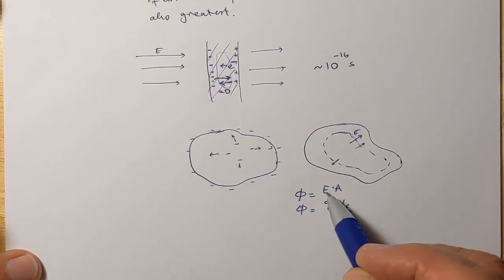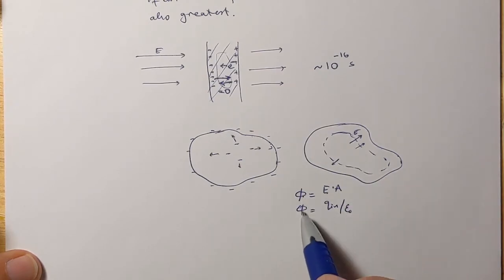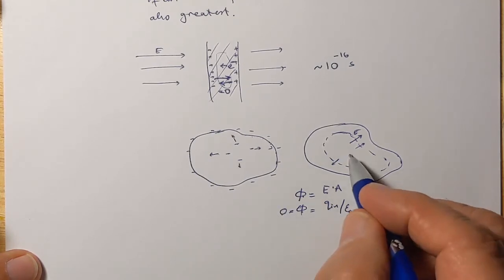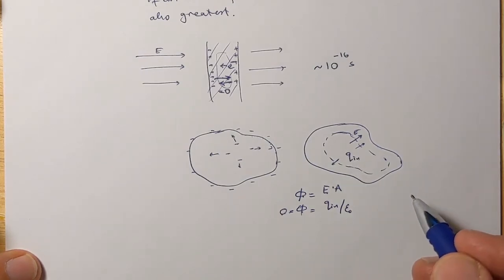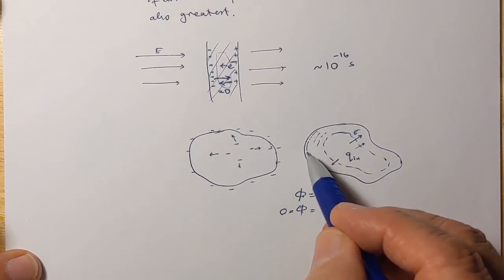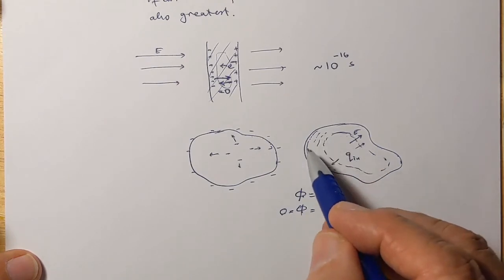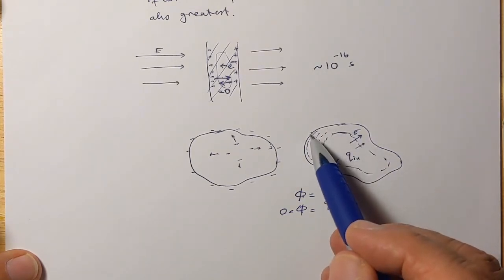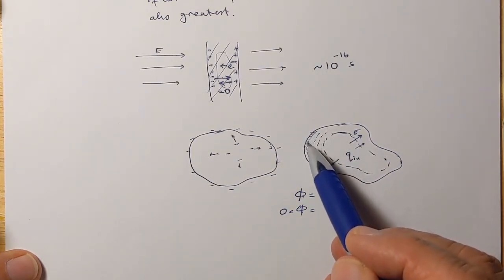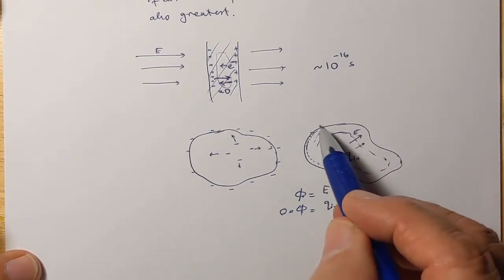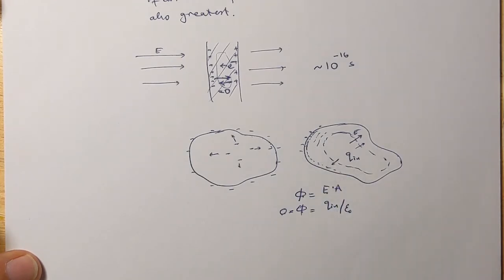Because the electric field is zero, the flux is zero, which means the Q inside is zero. We can move this Gaussian surface all the way to the edge of this material, and Q in will remain zero inside it. That shows that the charge will be outside a Gaussian surface that's just inside the surface. So that's the second thing, that the charge will reside on the surface.